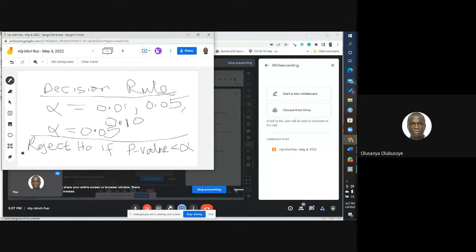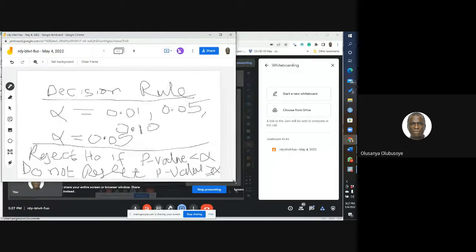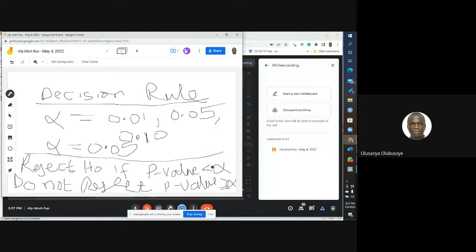But do not reject if your p-value is greater than or equal to alpha. So you can always use this as the basis for your decision.